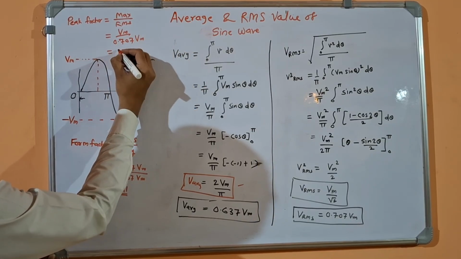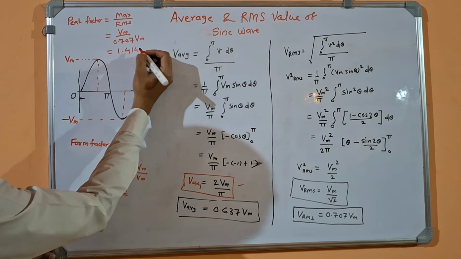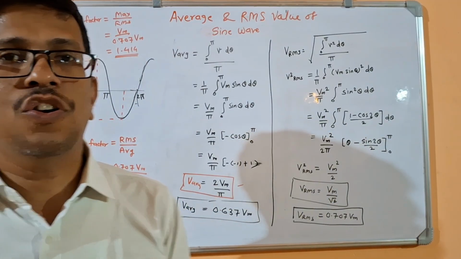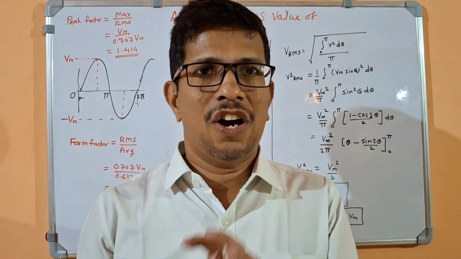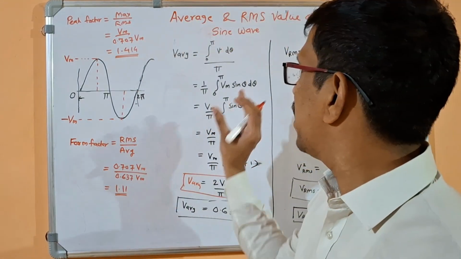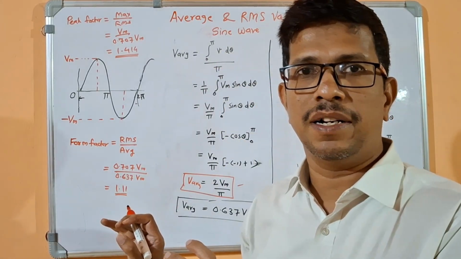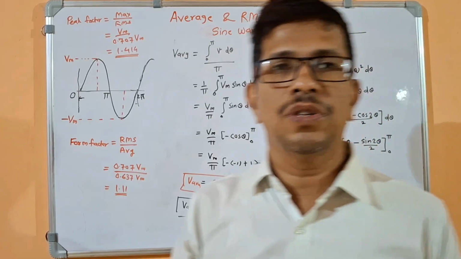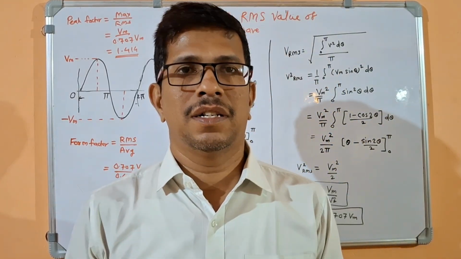So this will give me 1.414. In the next video we will see more numericals, only the basic idea of that numerical, how to take these limits and what is the equation for that limit, that I will tell you, and further you can solve it mathematically. Thank you.